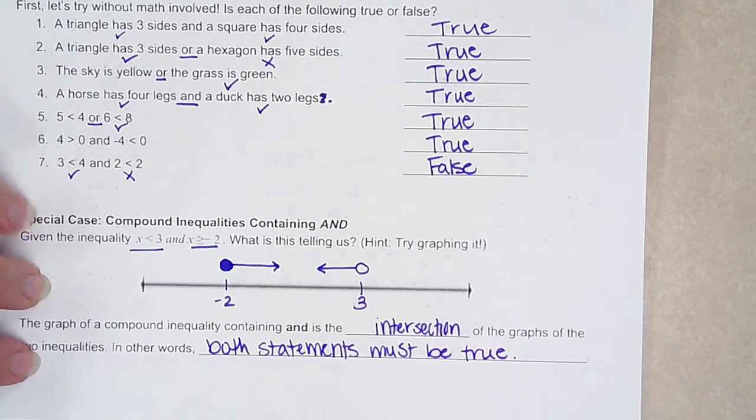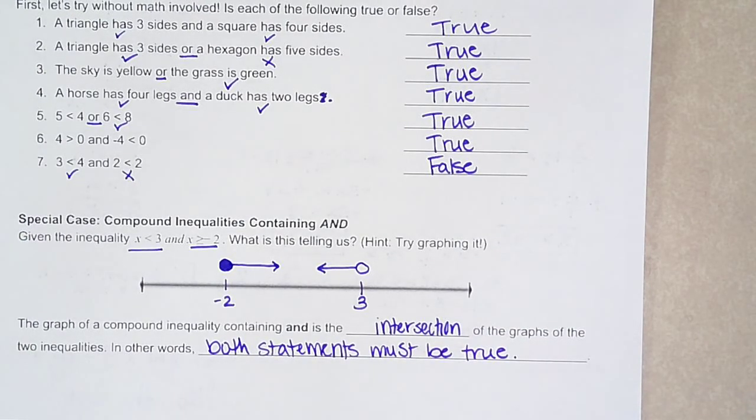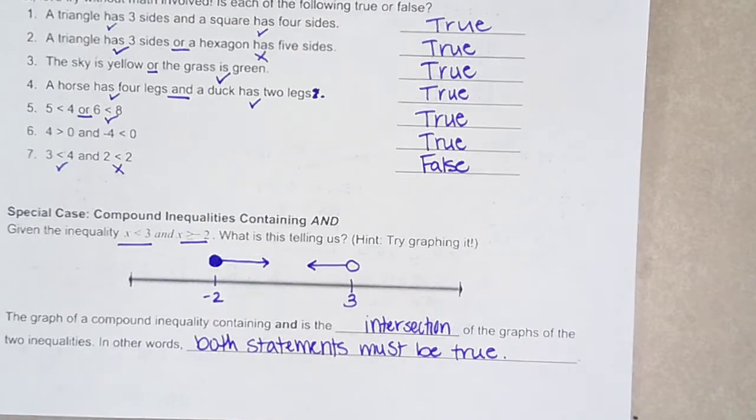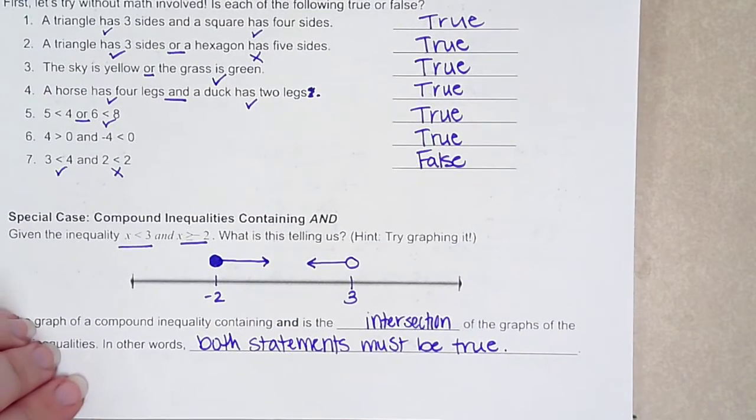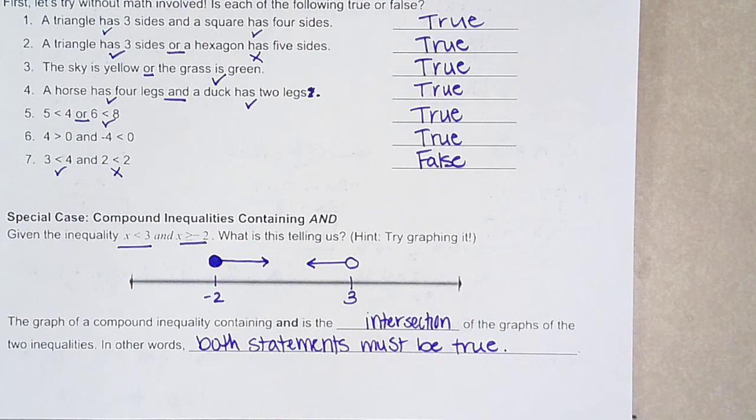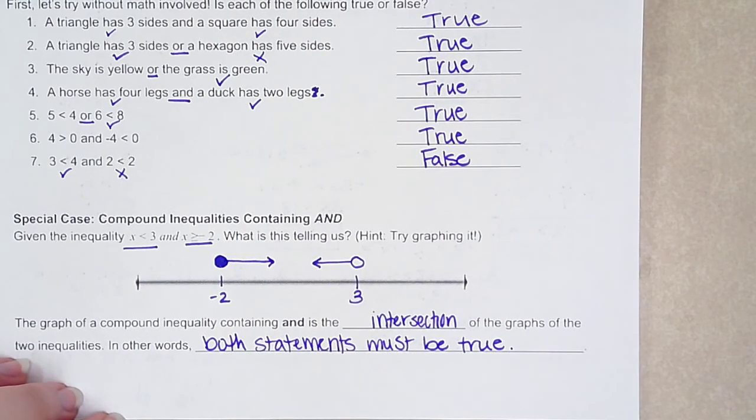So this is why and they both have to be true, because they have to come together like this. And together or out. So if you have any questions on this or graphing your compound inequalities, don't hesitate to let me know.